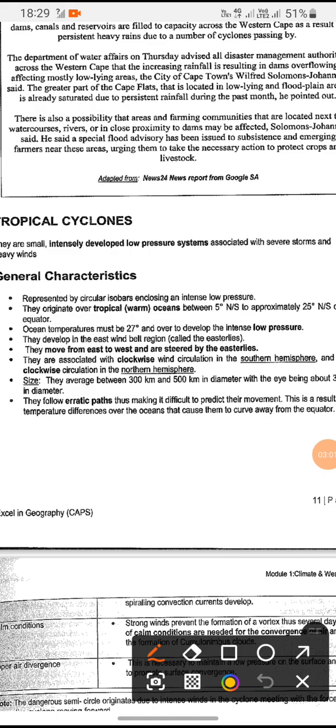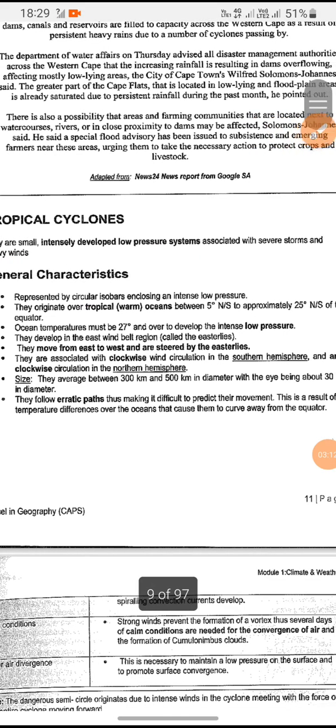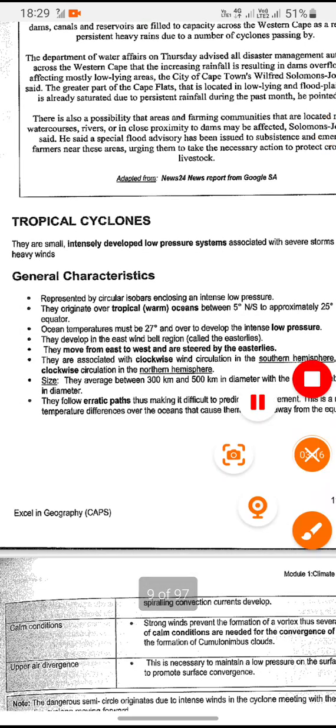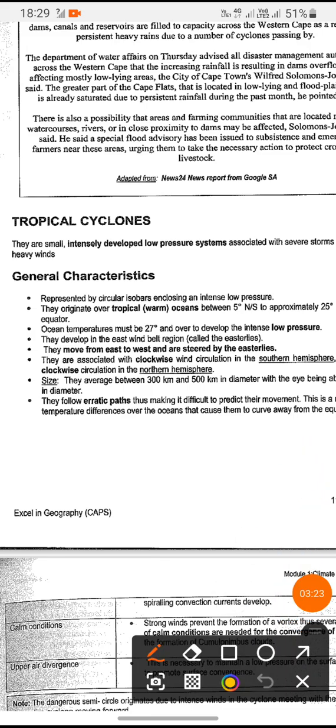So you must be able to tell them that it is an intensely developed low pressure system associated with severe storms and heavy wind. So let us give the general characteristics of tropical cyclone.